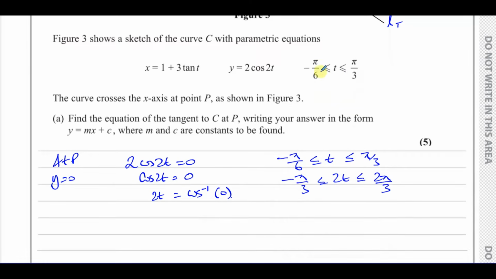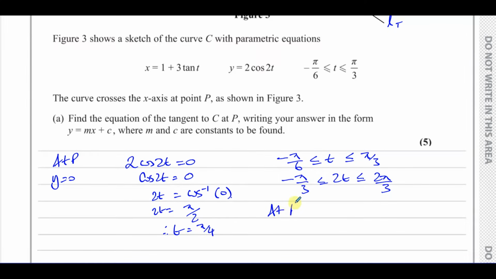So that's the answer in our range. The other place where it's 0 will be minus pi over 2, which is outside our range. Therefore, 2t is equal to pi over 2. Therefore t is equal to pi over 4.